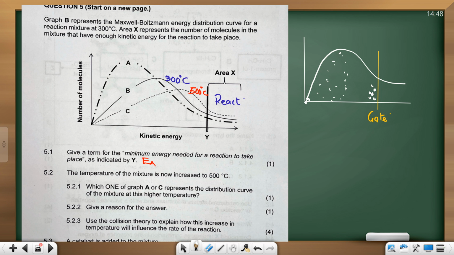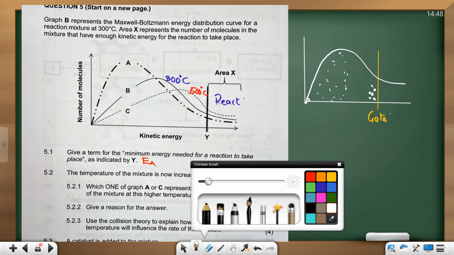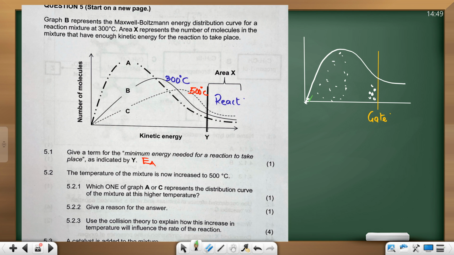As compared to before, the number will decrease at a higher amount of money. So, if it decreases, is it okay to say this? And more would go out now. Does that make sense? That this one is at a higher amount of money, which is basically a higher what? Temperature.